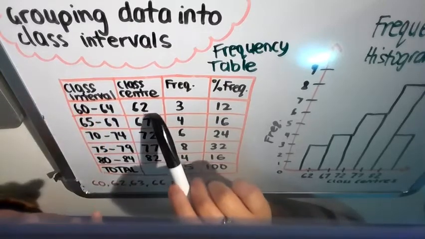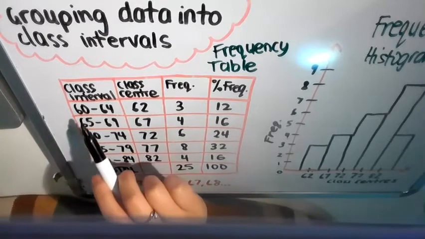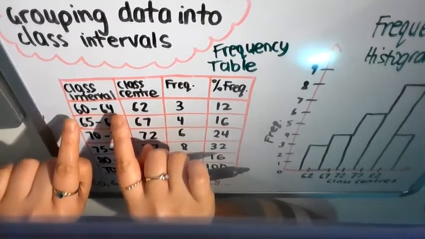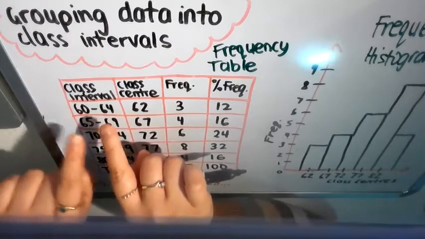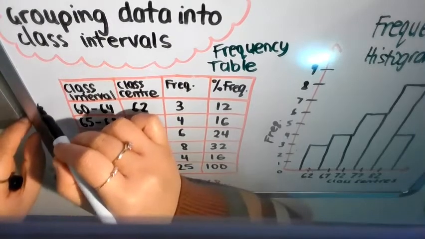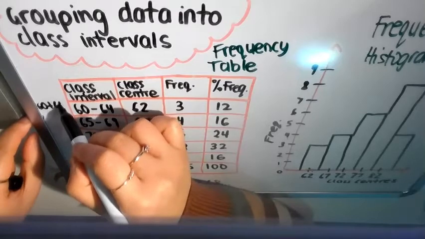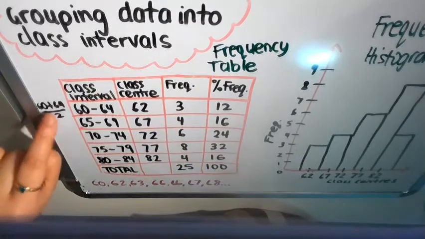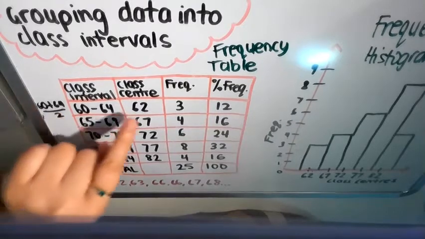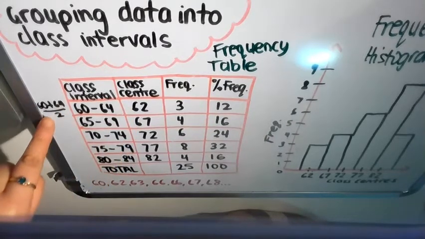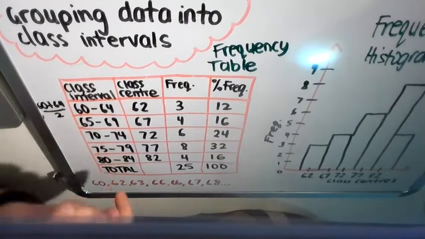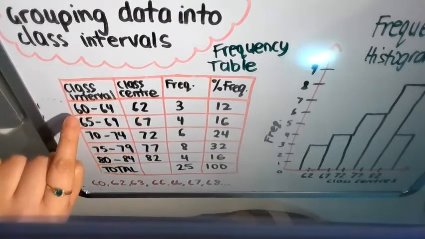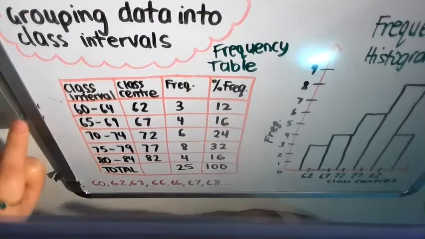How you find that out is by adding the two ends of the class interval and then dividing by 2. You add them up, you get 124, divided by 2, and you get 62. So 62 is the middle of 60 and 64.